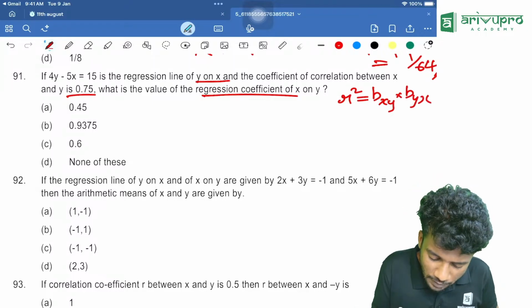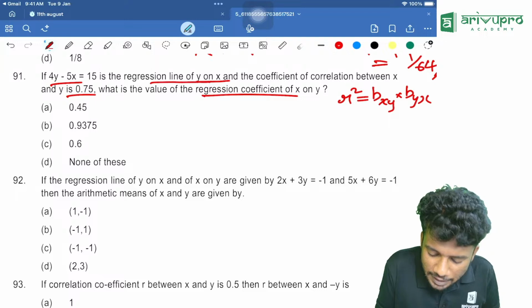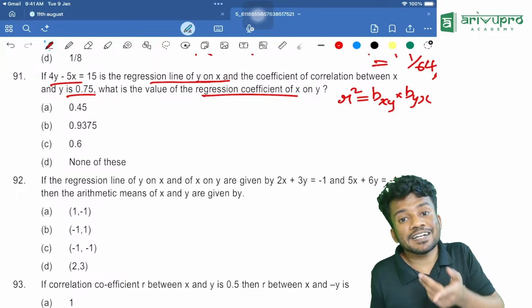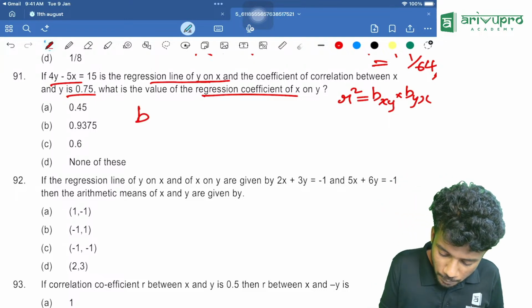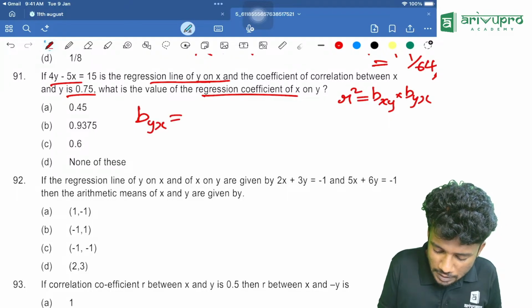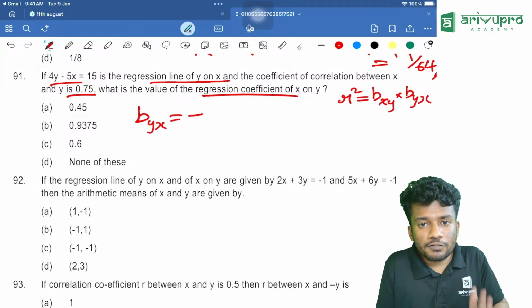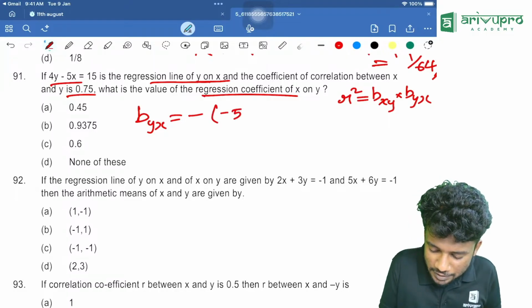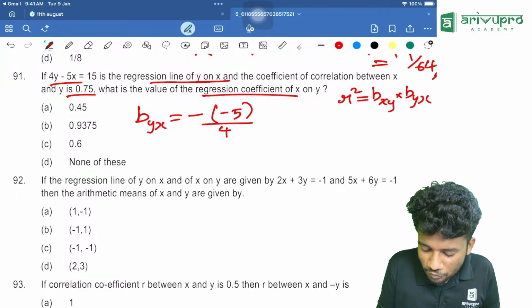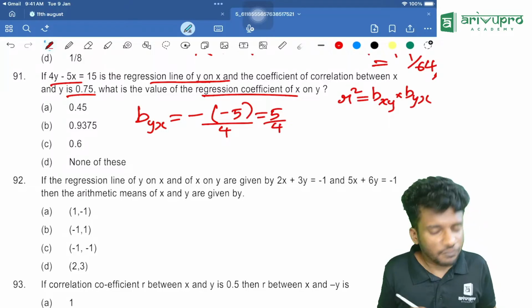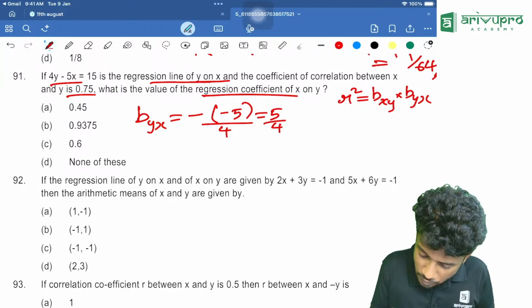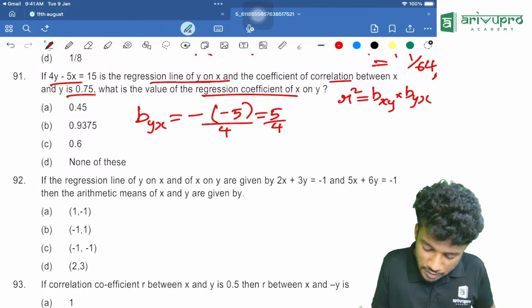Now what is given? This line is the regression line of y on x. Who is given? x is given. So byx is equal to how much? Minus of known coefficient by unknown coefficient. That means minus of minus 5 divided by 4, that is equal to 5 by 4. Then the coefficient of correlation is also given.